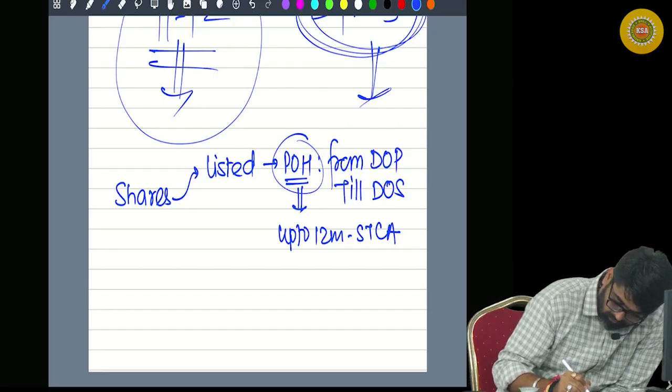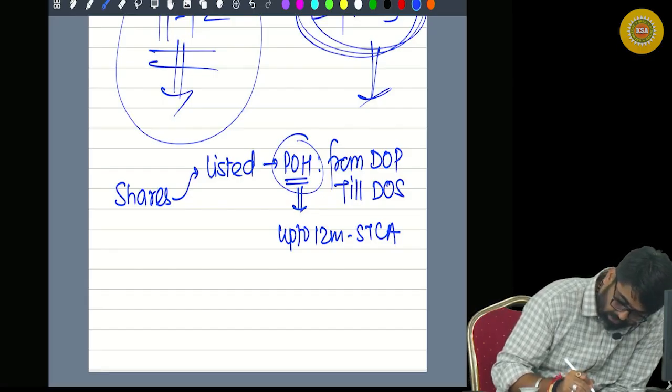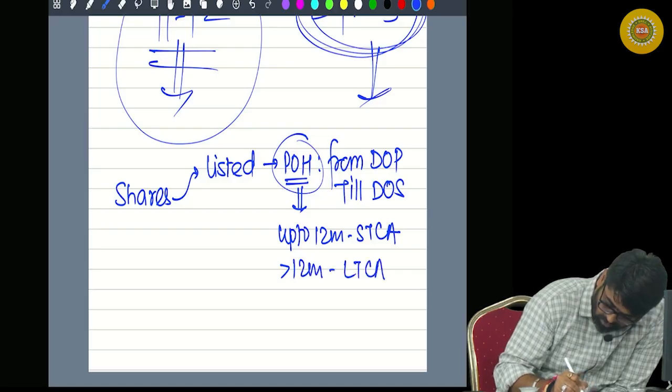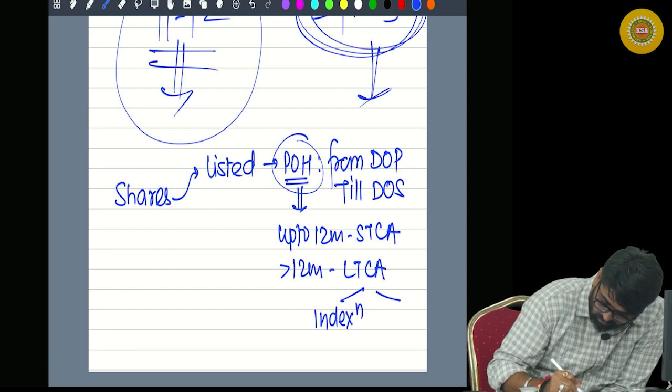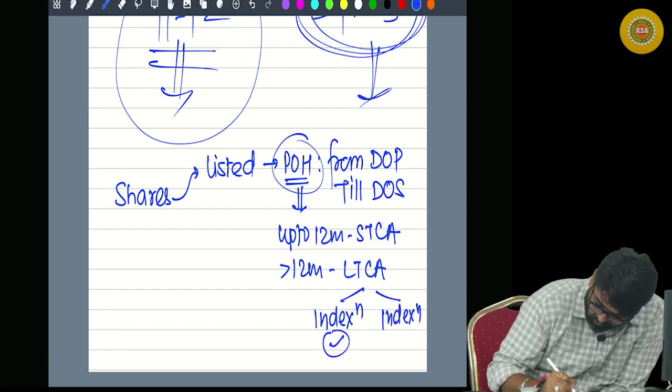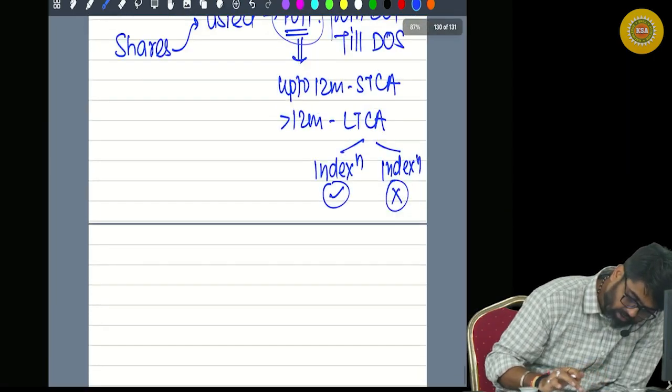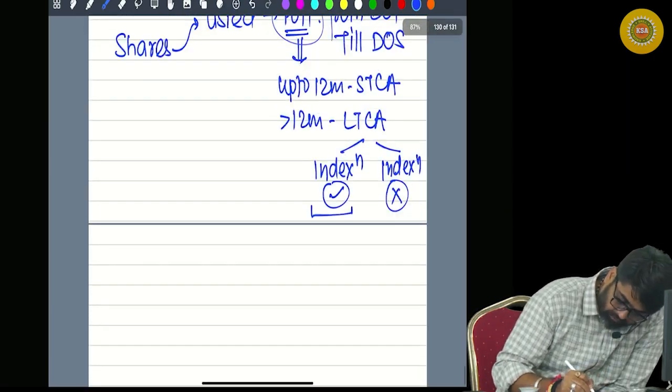If it is more than 12 months, it is a long-term capital asset. Indexation, yes or no? Tell me, when will you take indexation?